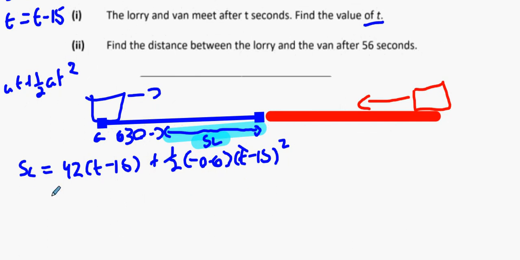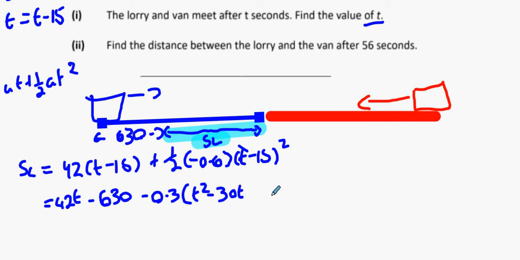Alright, now we might as well expand it a little bit. We'll go for 42T minus 630. And then we have minus 0.3, and then (T squared minus 30T plus 225), 225 for 15 squared. Then we're going to multiply all this out.